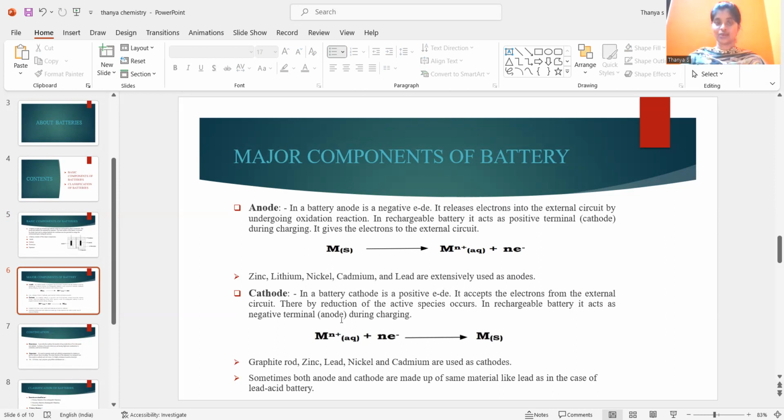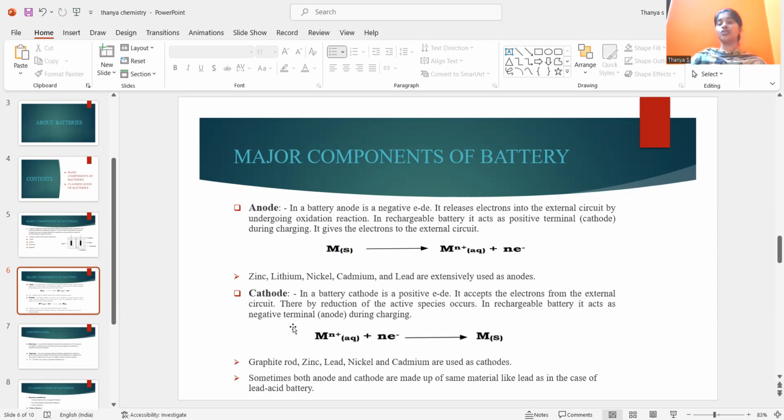So next one is cathode. In a battery, cathode is the positive electrode. It accepts the electrons from the external circuit, thereby reduction of the active species occurs. In a rechargeable battery, it acts as the negative terminal, called anode, during charging.